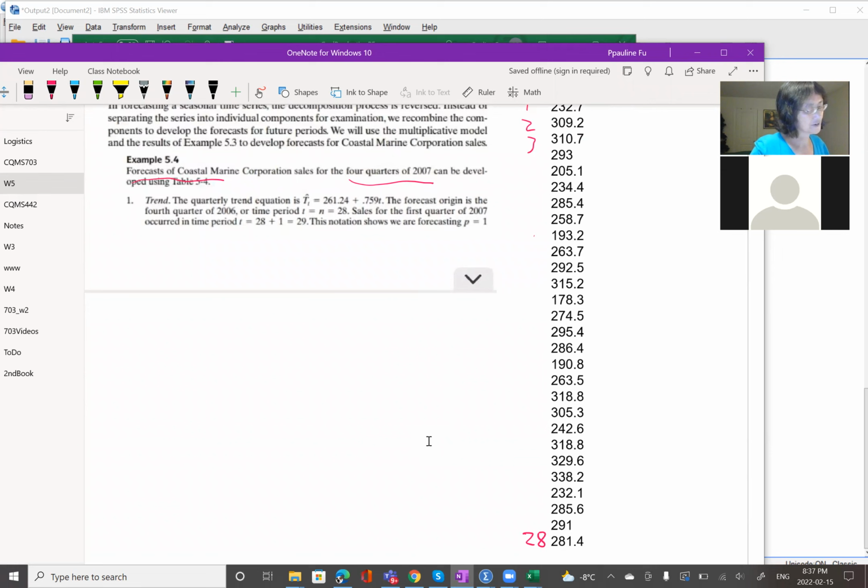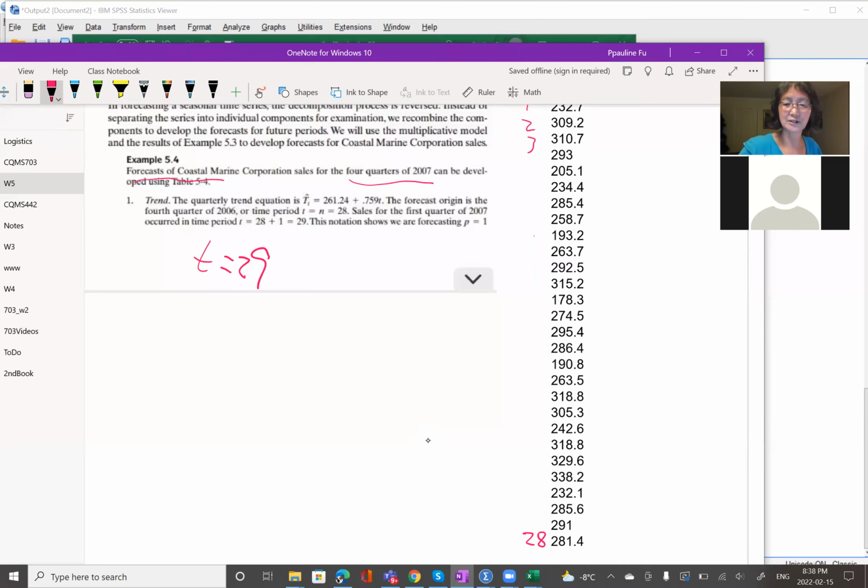the first quarter, so let's do the first quarter first. So forecast for T equal to 29.